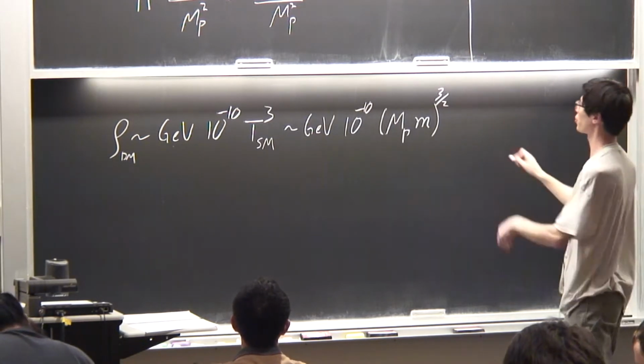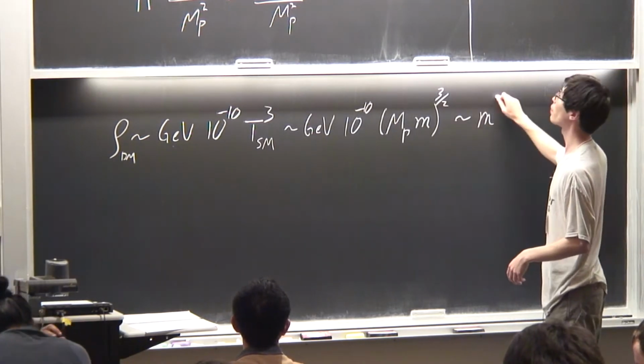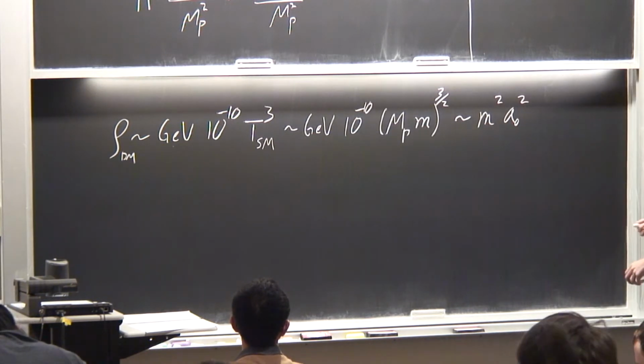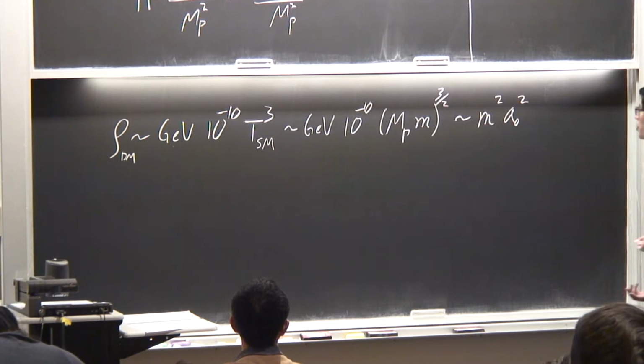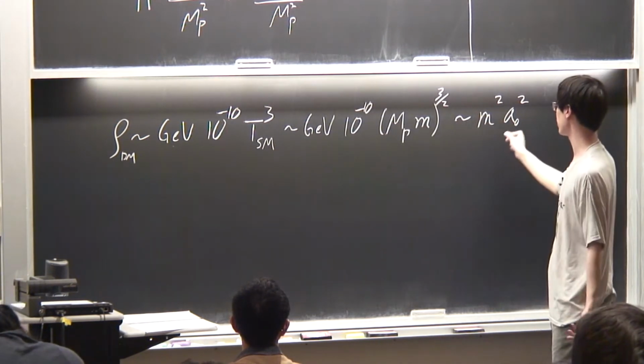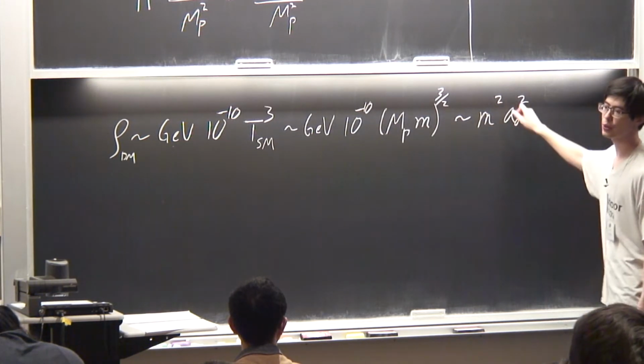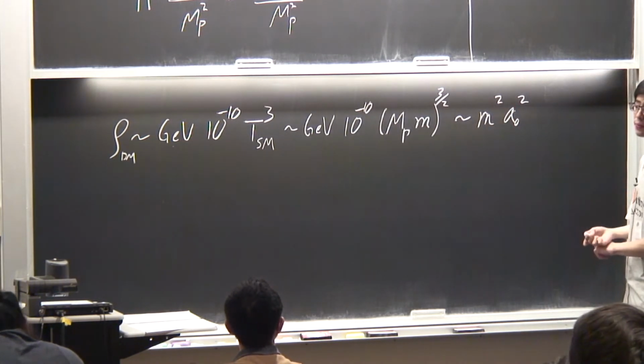And this is equal to m squared a naught squared. And so this means that you just solve this equation for any given mass. There's one particular value of A0 that gives you the correct abundance.